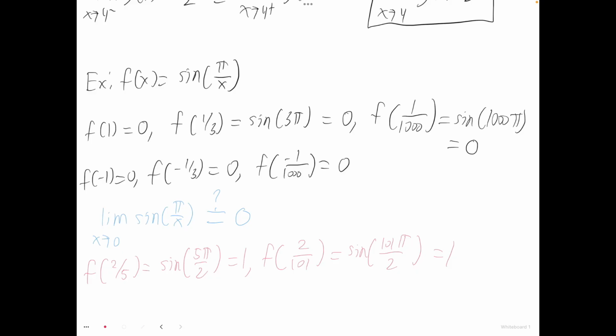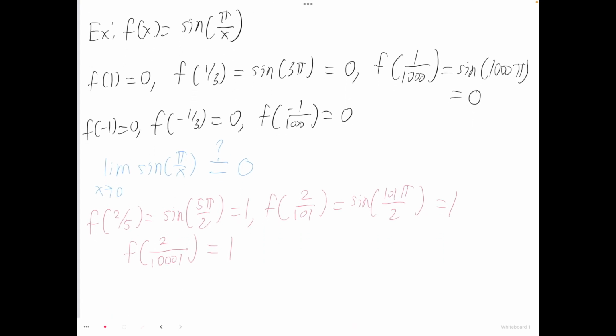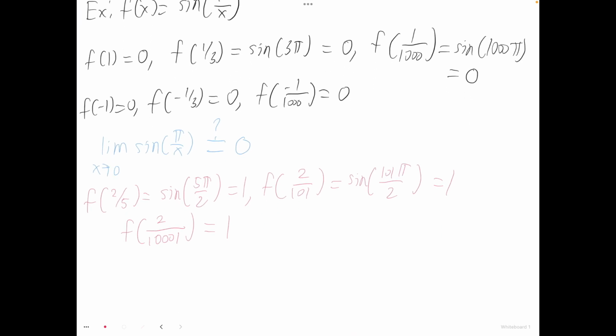And if we looked at, say, f of 2 over 10,001, this also can be shown to be 1. And then you can take the negatives. You can't take the exact negatives because sine doesn't work quite the same way, but the values here are all going towards 1.